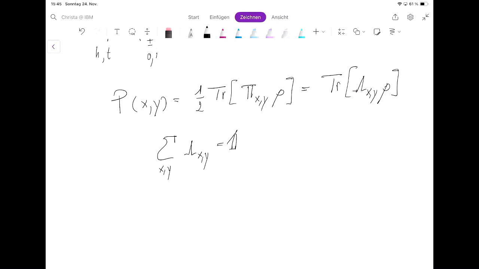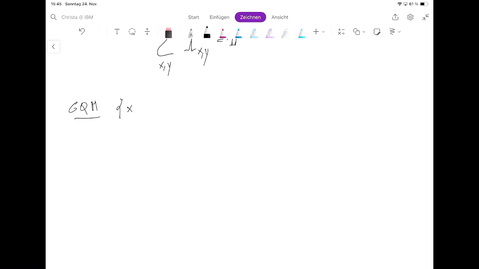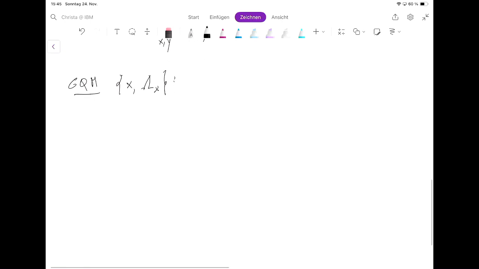And this suggests, this is how POVMs or generalized quantum measurements are usually introduced, that we can actually define a more general notion of a quantum measurement on a quantum system. So generalized quantum measurements, let me write the acronym like this for short, are any set of outcomes and associated operators that conform to a few properties.